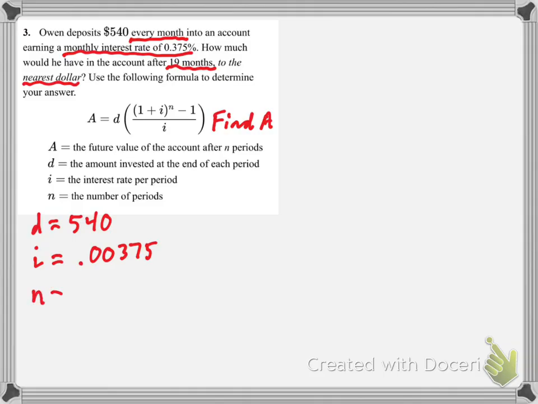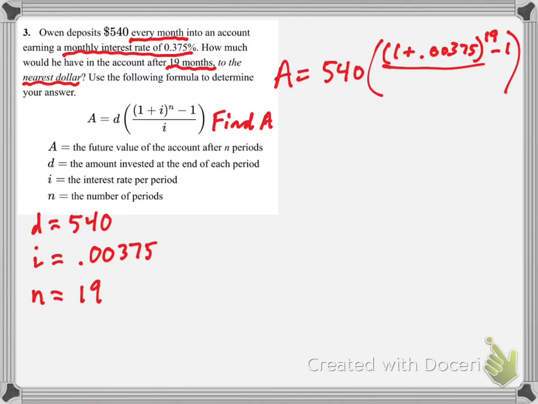And then N is 19 months. So A equals 540 times 1 plus 0.00375 to the 19th power, excuse me, I was thinking about the last problem. To the 19th power, and then the minus 1 comes after that, all over 0.00375.